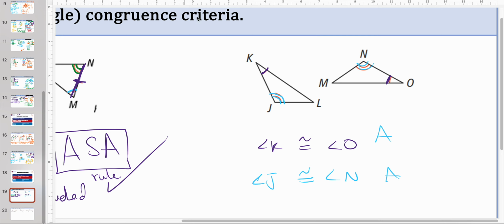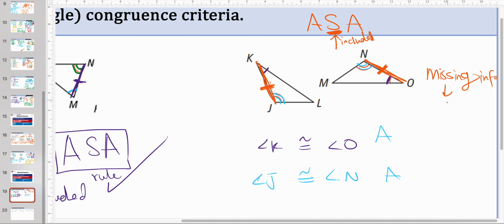So to have another side and to follow angle side angle rule, I should have a side, there's a missing side, that is included. So which side exactly? This side. So this side is a missing information. This side and this side, they must be equal to each other because it's the only side that is included between the angles.